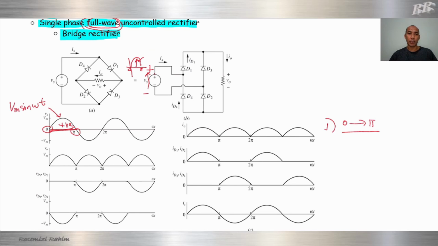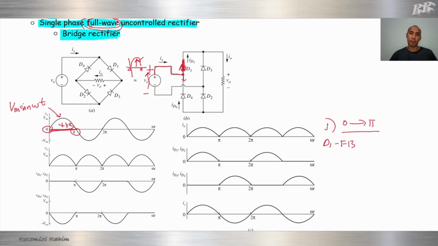Current will flow from the positive terminal, go to this junction, turn right and turn left. We can see that the arrow of D1 and the flow of current are the same, which means D1 will be forward biased, so it will turn on, a short circuit here.